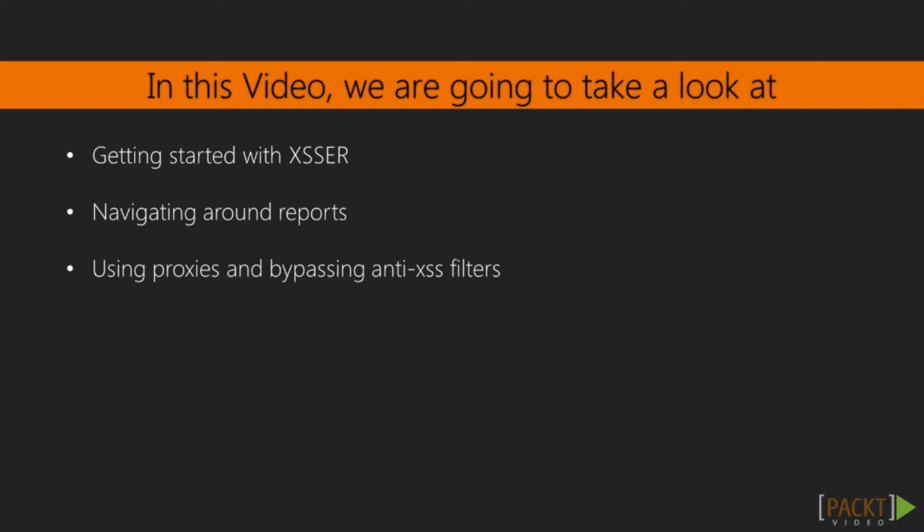It also provides us with features such as proxies and bypassing anti-XSS filters, which are fairly interesting and exciting if you are testing your web application and you haven't as much knowledge as you should on XSS payloads, because this program provides many.